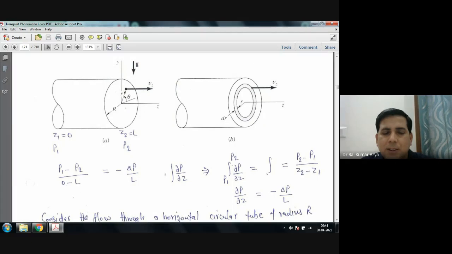So you are getting minus delta P by L. Delta P is called the pressure drop. Now there is one more term, del P upon del z. You can calculate from there, integrate that, and you get that del P upon del z is nothing but minus delta P by L.